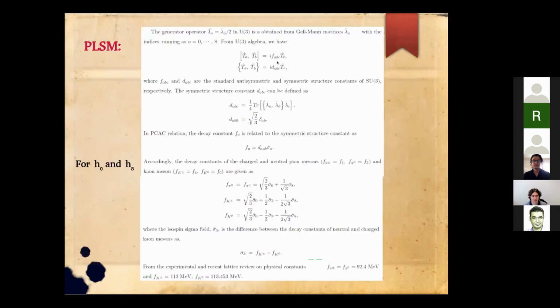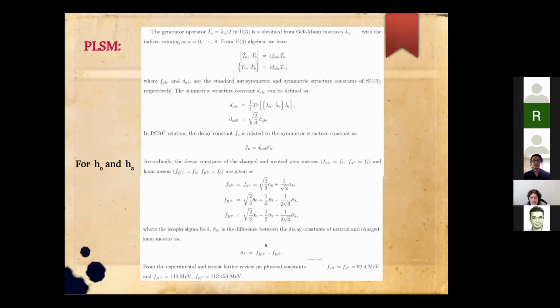In doing this, and I'm almost running out of time, we have to derive the different constants, like the decay constants for pions, kaons, and even for K0. We realized that sigma 3, which is related to the isospin asymmetry, is given by the decay constants F_K plus minus F_K0.